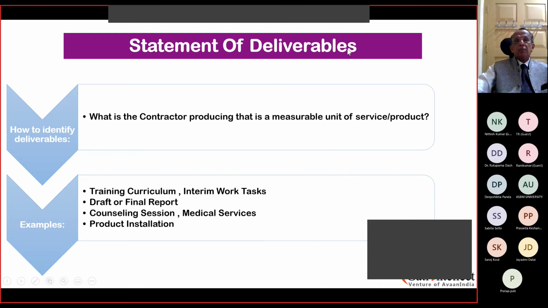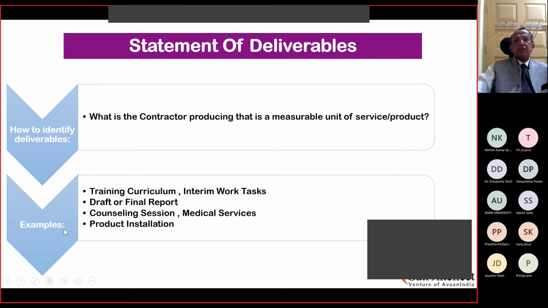Statement of deliverables. How to identify deliverables? What is the contractor producing that is a measurable unit of service or a product? Look at the examples. You are conducting a training, so what is the training syllabus? Or an interim work task. Draft the final report, especially if you are a management consultant.